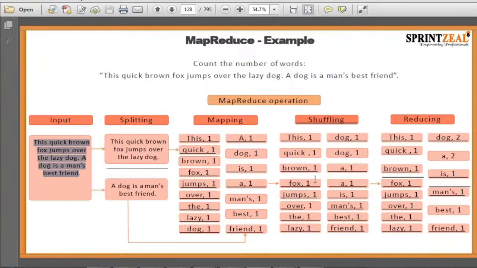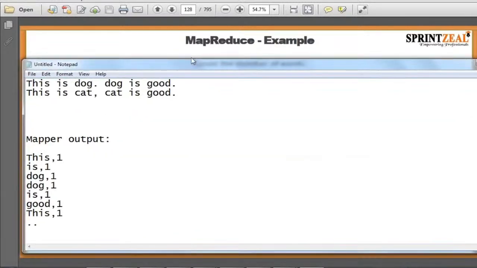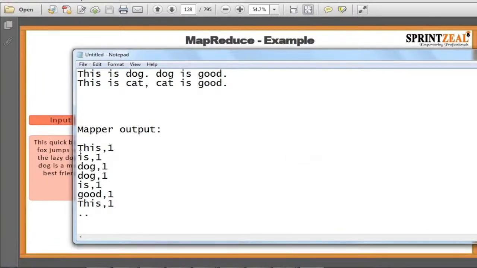At the time of shuffling, is there any ordering of words happening? There is ordering in the sense that the mapper output will automatically be sorted by the key. In this example, it will be sorted by the key.